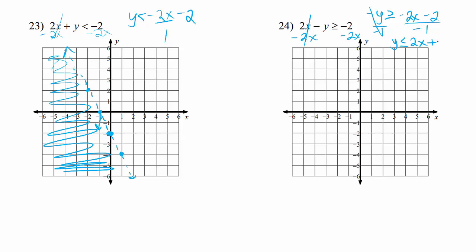So if we don't remember to do that, we will not get the answer right. That's over 1, so up 2 over 1. This is a solid line. We want to shade less than, which is below. This side.